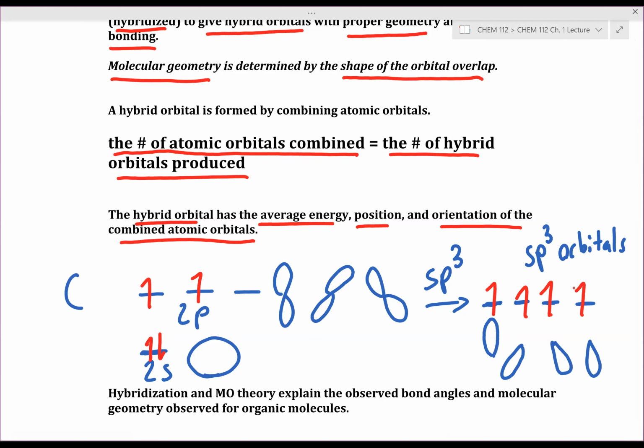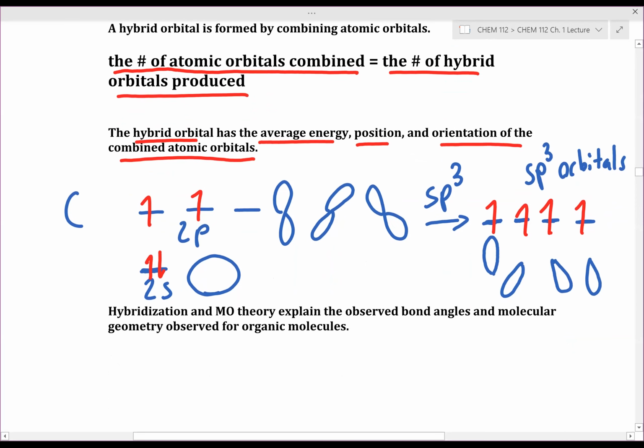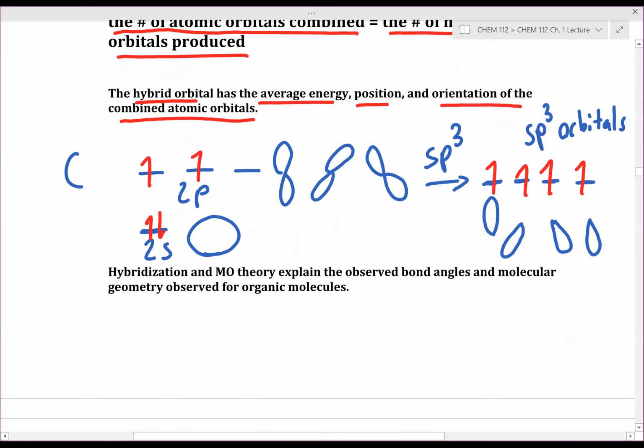And as we discussed, bonding is favorable. The electrons in bonds are lower in energy. Now, one thing that I'd just like you to appreciate is that hybridization and MO theory coupled with valence bond theory help explain many of the observed bond angles and molecular geometry. Do you notice how these hybrid orbitals have a 3D shape?